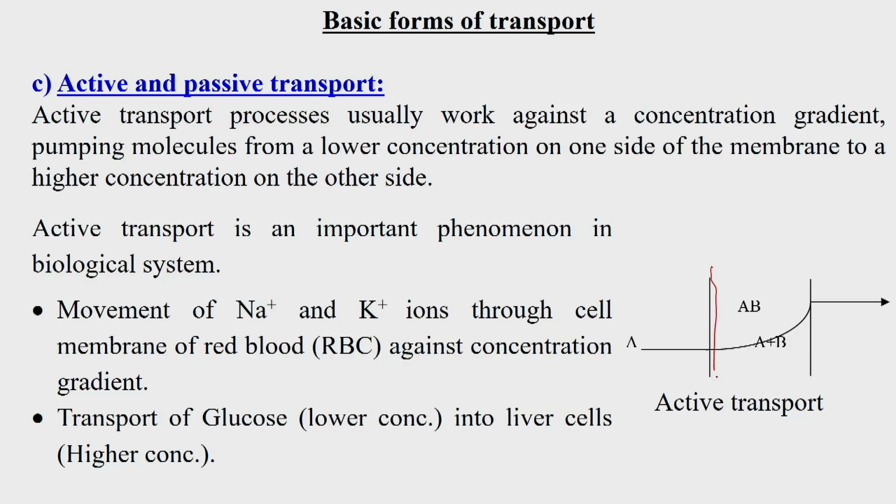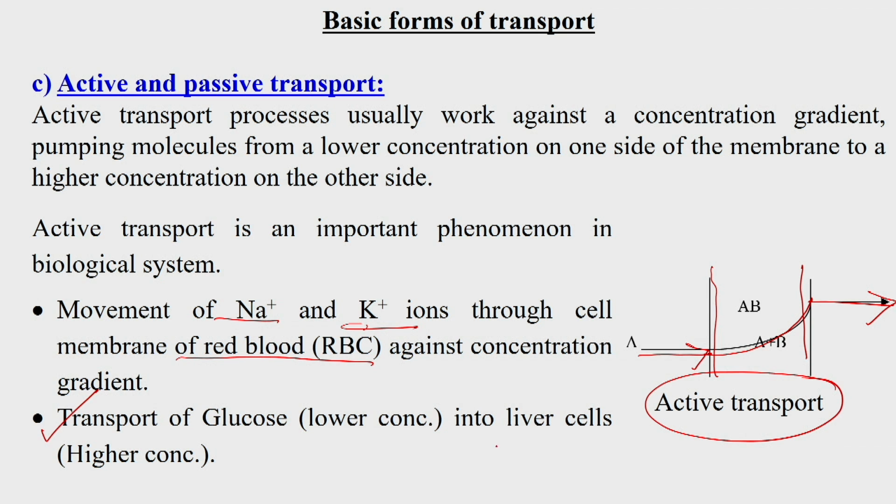Suppose this is the membrane. Through this, A is moving from the low concentration zone to the high concentration zone. That is active transport, like sodium plus and potassium plus ions through the cell membrane of red blood corpuscles against the concentration gradient, and other types of transport like glucose into the liver cells, from the lower concentration to the higher concentration.